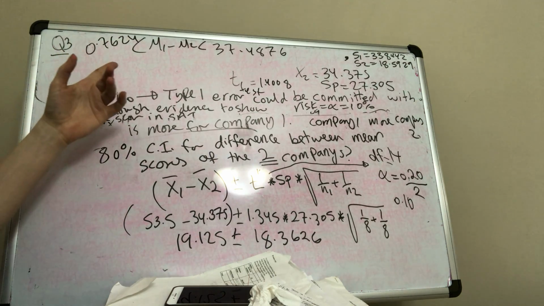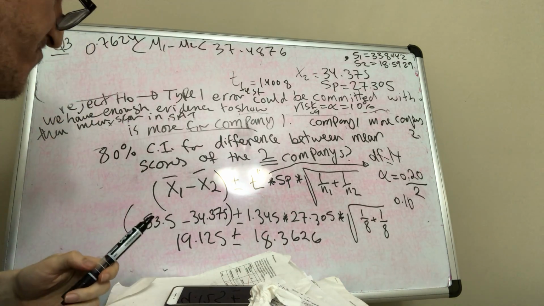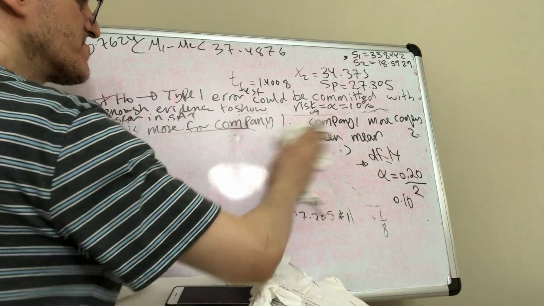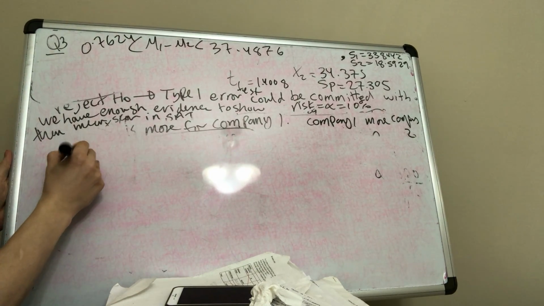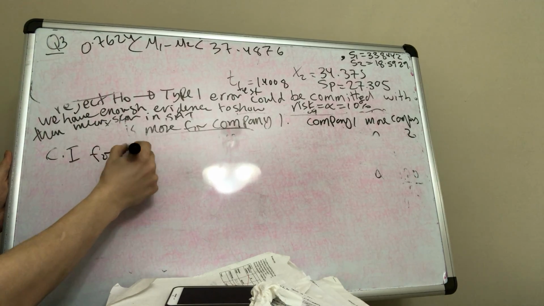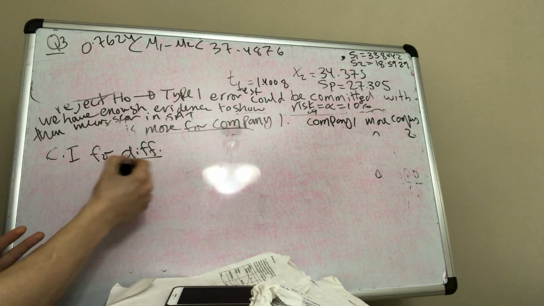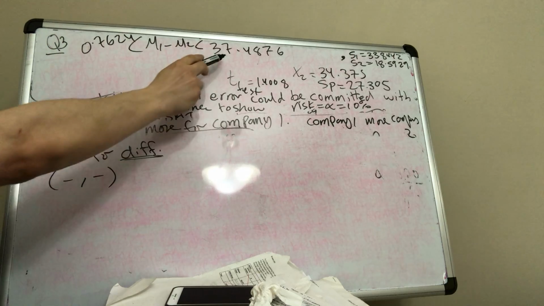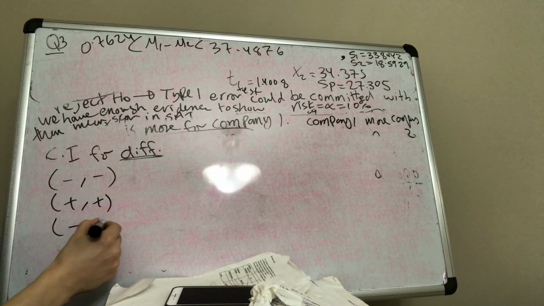Now, does this show that company 1 is better than company 2? When you do a confidence interval for a difference, whether it's independent, dependent, or even proportion, you could end up with two negative numbers, or two positive numbers, or negative and positive.